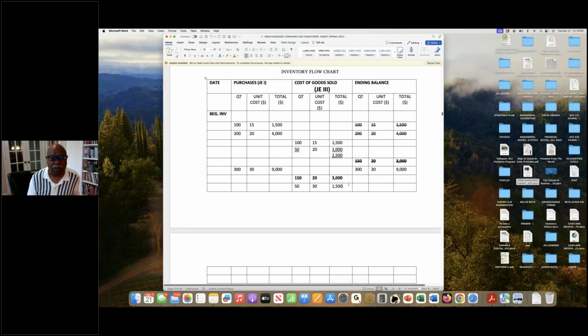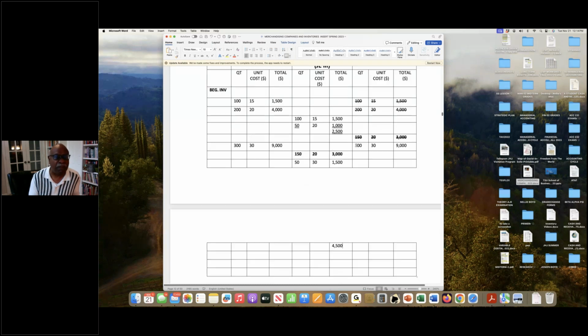And so now our cost of goods sold is going to be 3,000 plus 1,500, 4,500. And we no longer have 300 pairs of shoes, but we have 250 left at 30.